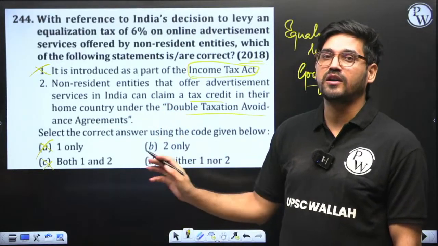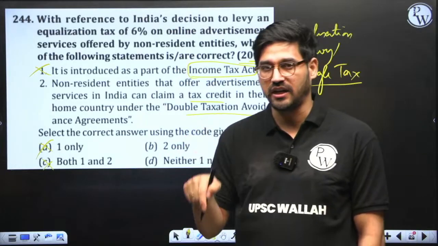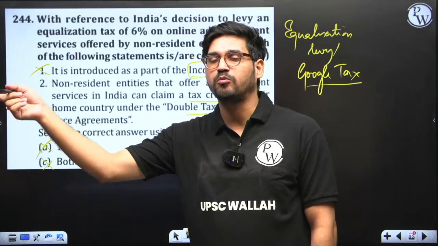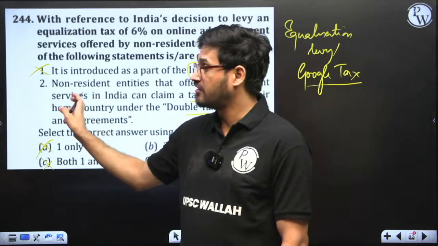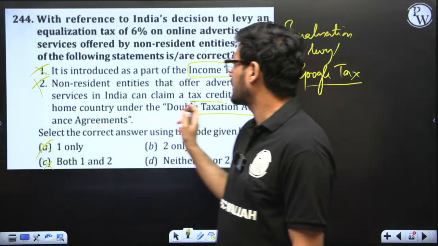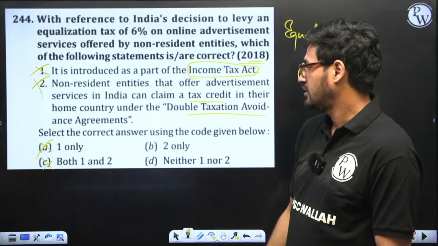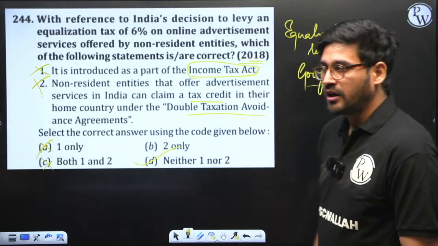Equalization levy does not come under your DTAA agreements. That means we are going to tax your incomes here. You will also have to pay your income tax in the home country as well. So this has been a major bone of contention. So can they get some credit, tax credit? No, they cannot. The answer is neither 1 nor 2. We'll move to the next one.